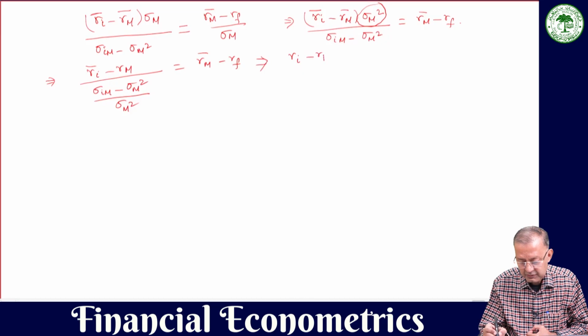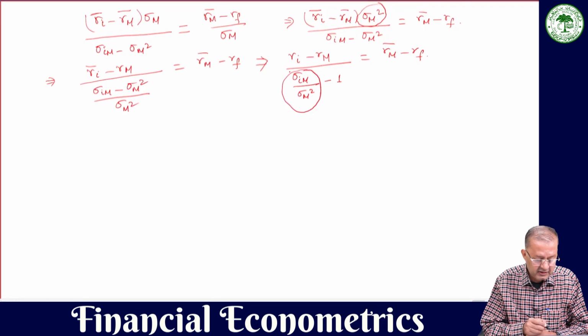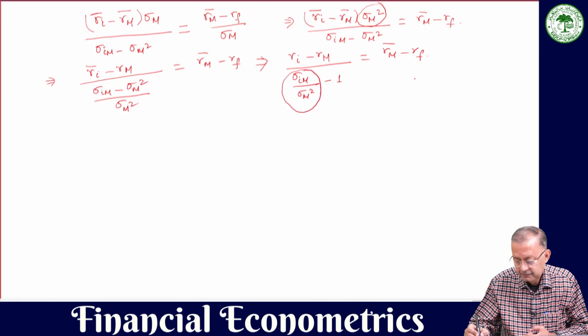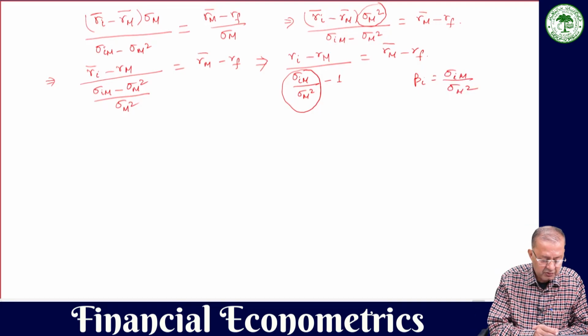We have already defined this term as beta I. Beta I is equal to sigma im upon sigma m square.